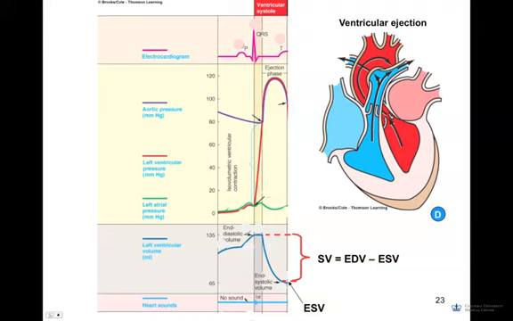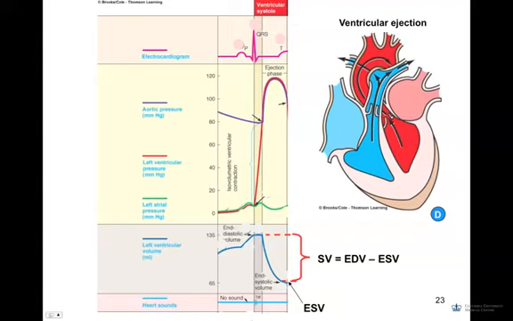If we compare that to the relative full phase of the ventricle at the end of diastole, we had end diastolic volume, and then during the ejection, the volume falls to end systolic volume.